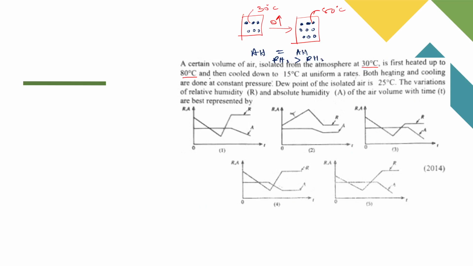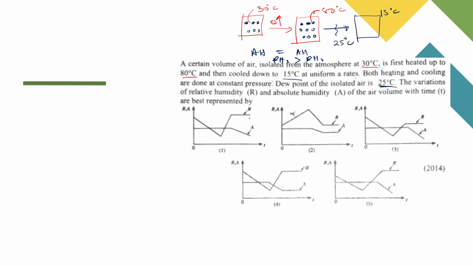Next, they cool to 15 degrees Celsius, but the dew point is 25 degrees Celsius. So from 80 degrees Celsius, we cool to 15 degrees Celsius, but the dew forms at 25 degrees Celsius.